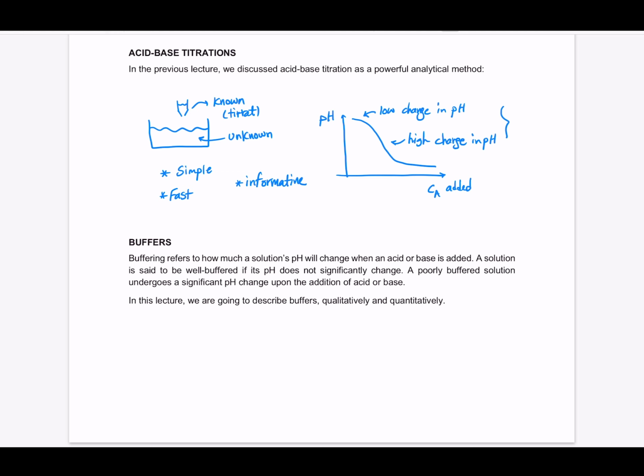The higher the buffer capacity, the less change in pH when we add an acid. When we say a solution is well buffered, that means its pH doesn't change significantly. And a poorly buffered solution undergoes a significant pH change when we add an acid. So in this lecture, we're going to talk about that resistance more specifically.